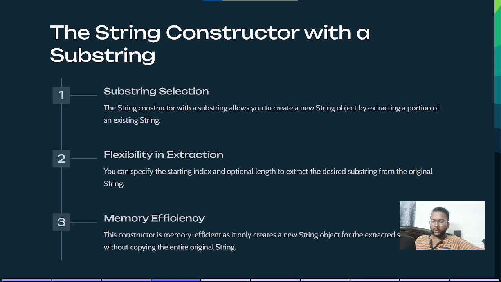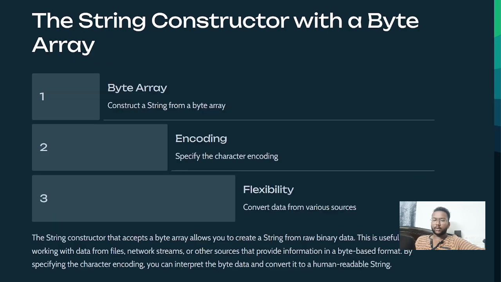Flexibility in extraction: you can specify the start index and optional length to extract the desired substring from the original string. Memory efficiency: this constructor is memory efficient as it only creates a new string object for the extracted string without copying the entire original string.